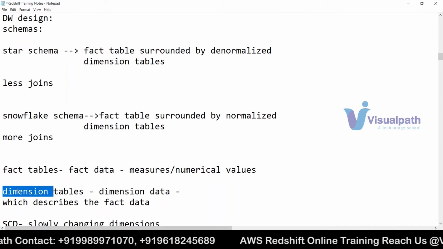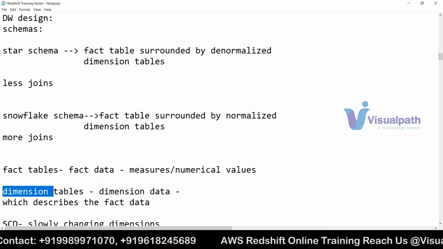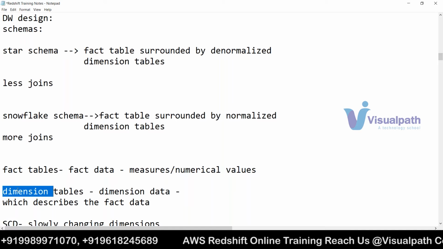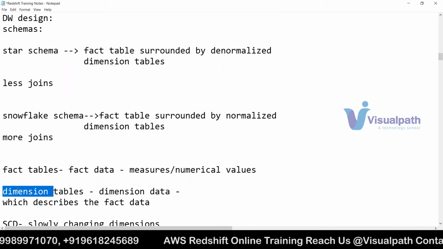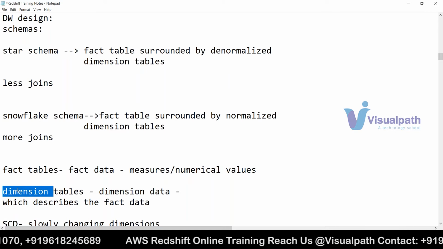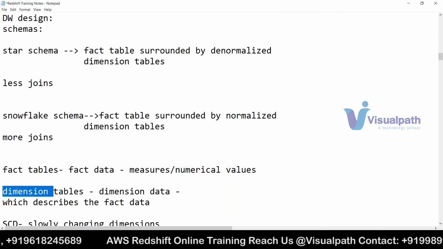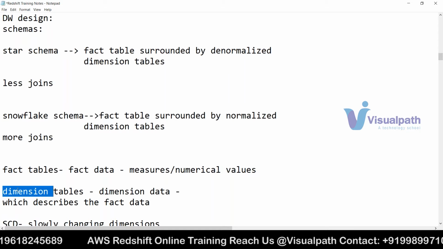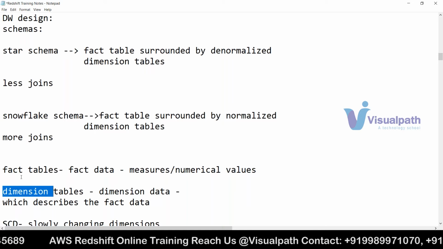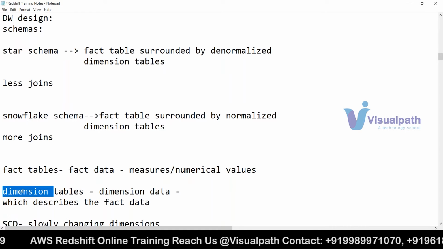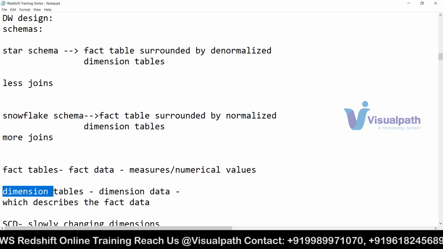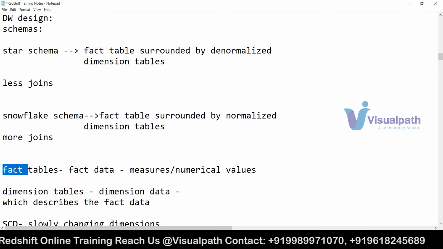If you want to understand, for a particular brand name, what the total sales are, then you have to join this dimension table with the fact table. Why? Because the fact table has the quantity and total sales, and the dimension table has the brand name. If you join these two tables, you will know brand name wise total sales. Like that, brand name wise total quantity, because quantity is in the fact table and brand name is in the dimension table. So at that time you have to join the dimension table with the fact table.